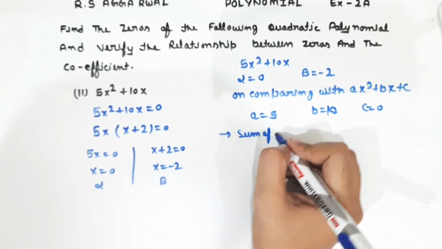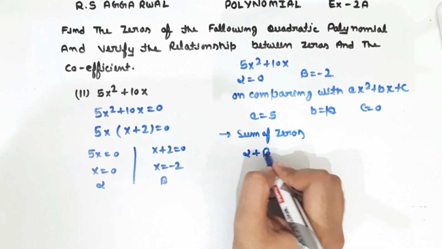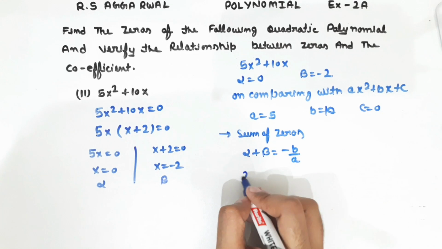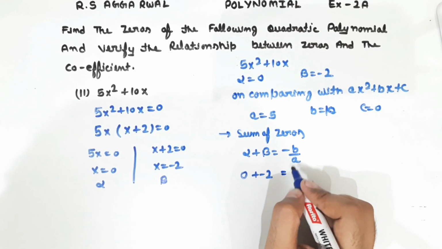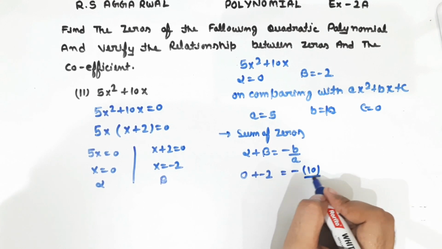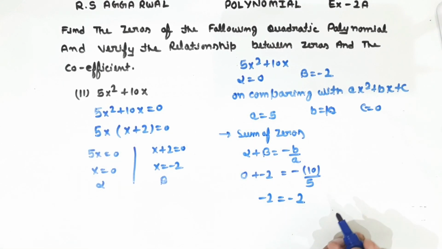So from here, sum of zeros will be alpha plus beta, that is equal to minus b upon a. So our alpha is 0 and beta is minus 2, that is equal to minus b, 10, upon a, 5. So minus 2 equals minus 2.